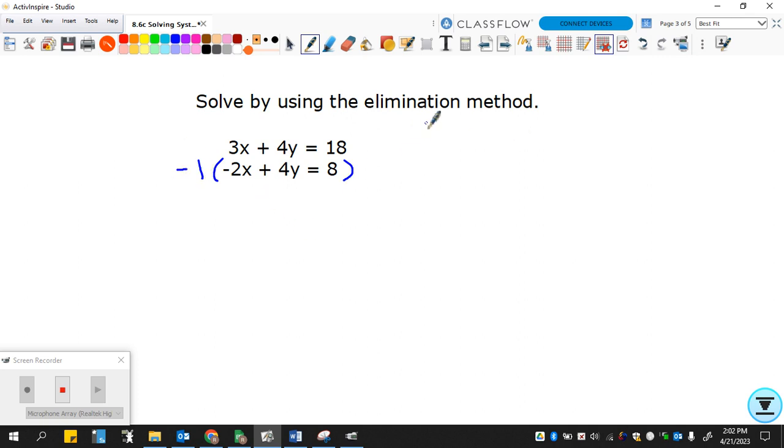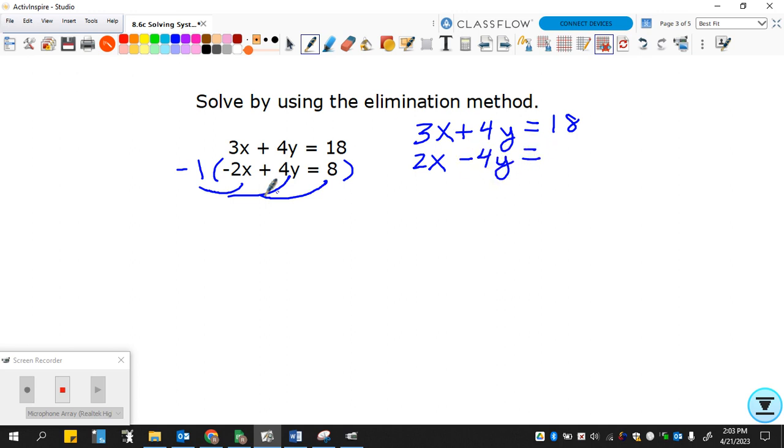So I'm going to rewrite this top one, 3x plus positive 4y is equal to 18. Then I'm going to distribute this negative 1 to all 3 terms. Negative 1 times negative 2 is positive 2x. Negative 1 times plus 4 is minus 4y is equal to negative 1 times 8 is negative 8.